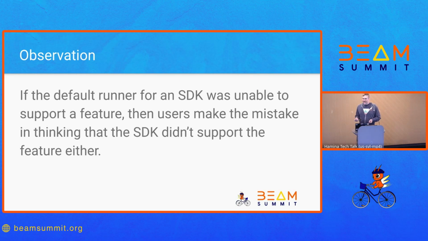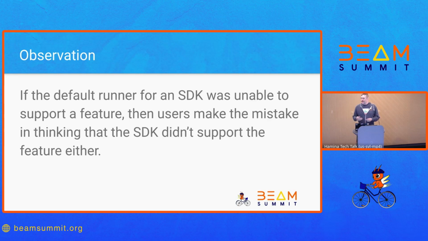I made this particular observation a couple years ago that if the default runner of your SDK is unable to support a feature, then users will think that the SDK doesn't support that feature at all, even if it will work on Dataflow and Flink or internally on the Flume runner.